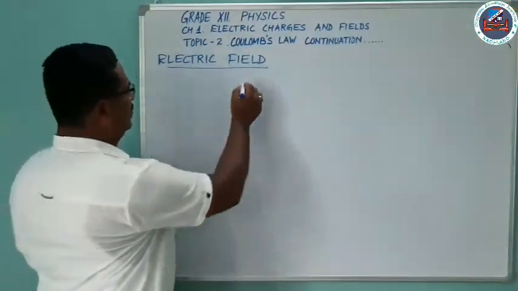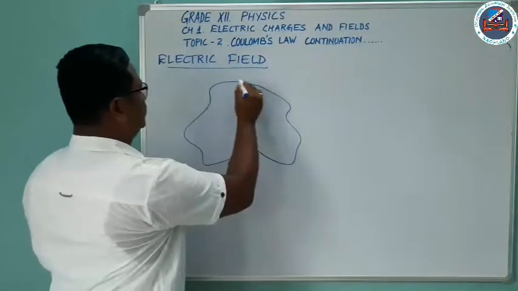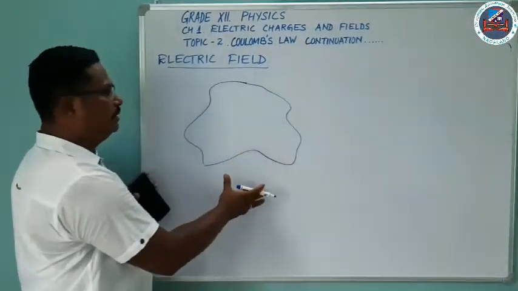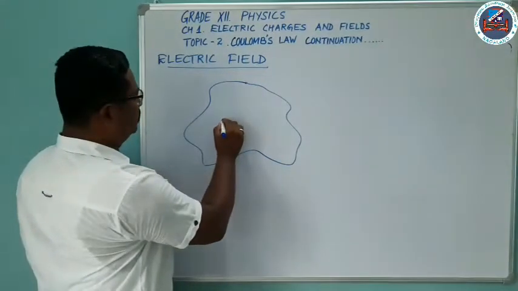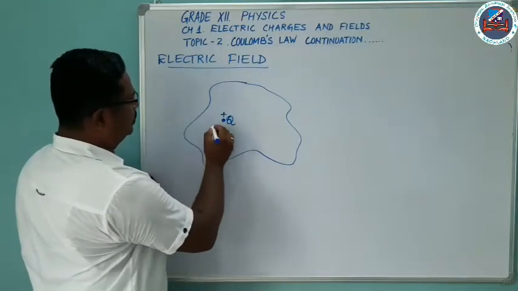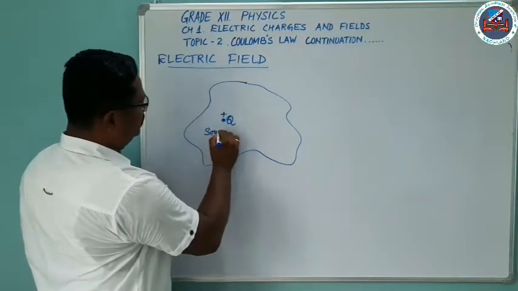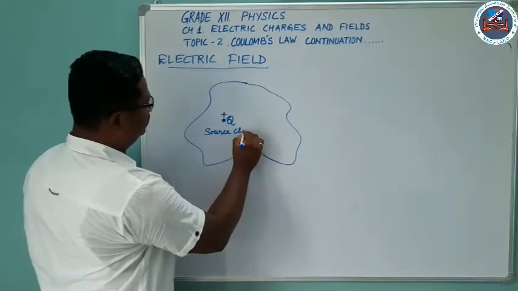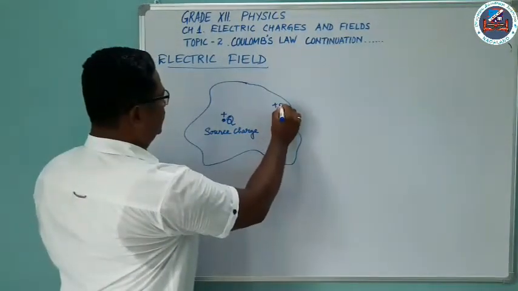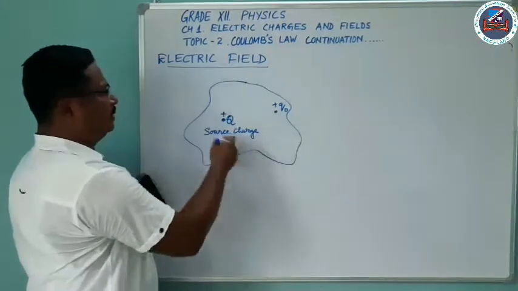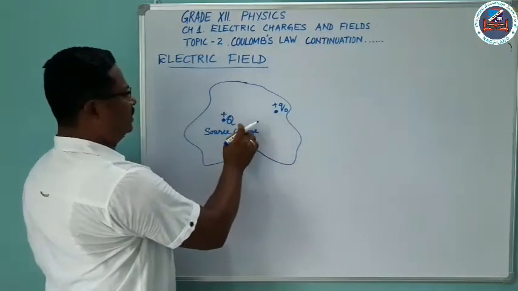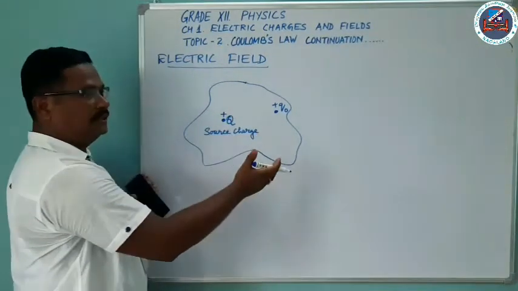When you say electric field, it is a region or a space around which an electric effect can be felt. Suppose you have a source charge, let me write it as plus Q. This is your source charge, and if I take a unit test charge, say plus Q naught, within this field, then this test charge will experience some force. The force will be a force of repulsion.